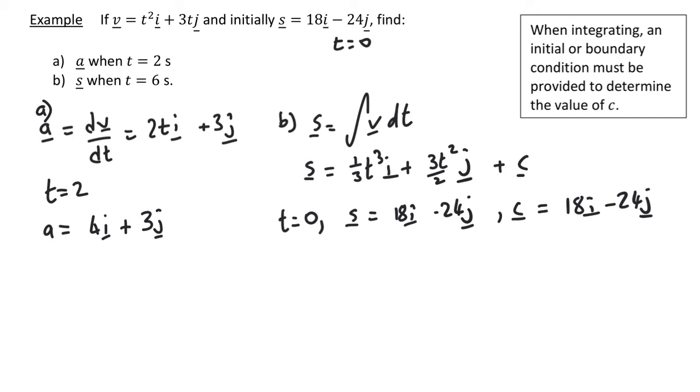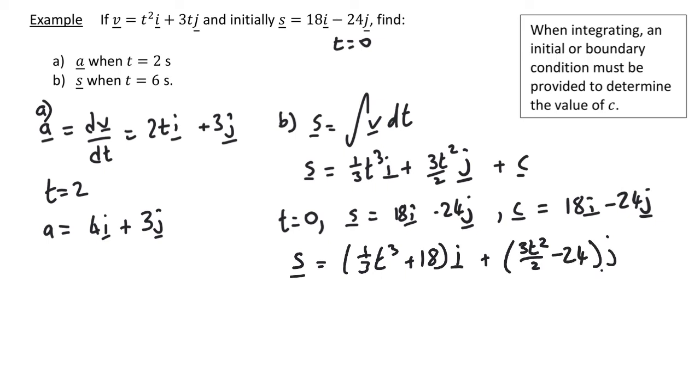So we could write s as a third t cubed plus 18 i plus 3t squared over 2 minus 24 j. And that's just by collecting the i and the j components.